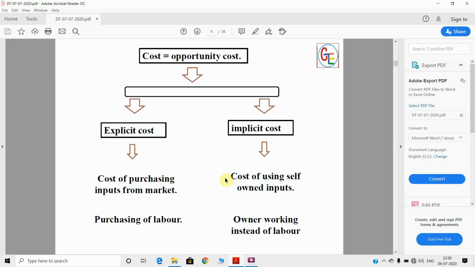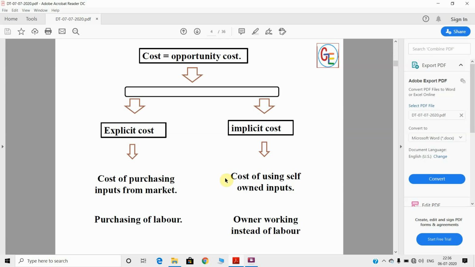If one owner uses his land for the production purpose, and he is a laborer, and he invests some amount of capital, then interest on his capital and rent for his land are examples of implicit cost. So it is the amount of some pain and suffering included in the case of implicit cost.